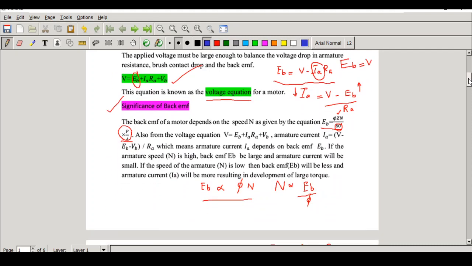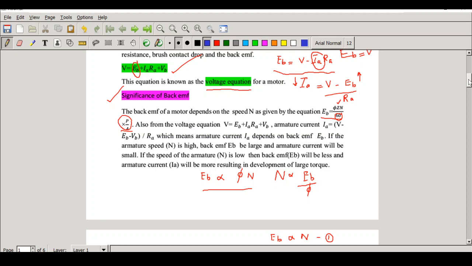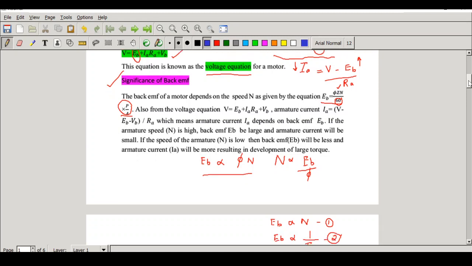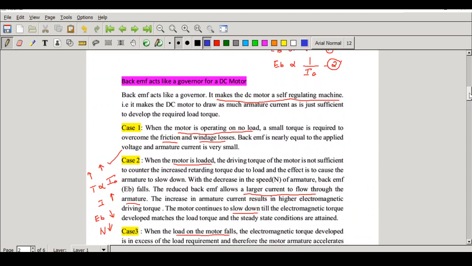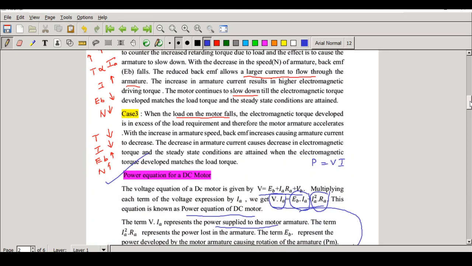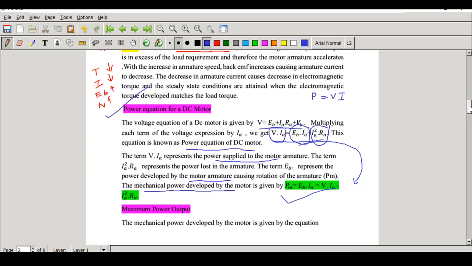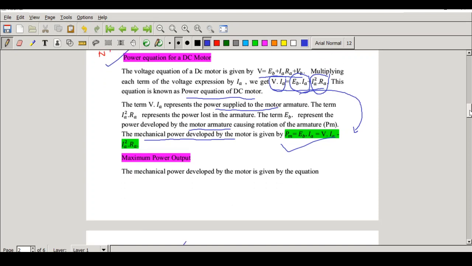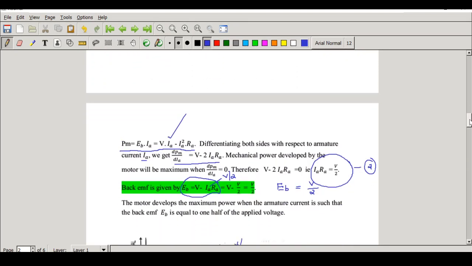Then we learned that back EMF makes the motor a self-regulating machine: based on the load requirement, back EMF will increase or decrease accordingly, increasing or decreasing the speed. We considered three cases: no load, more load, and less load. Then we derived the expression for the power equation from the voltage equation. Then we found the condition for developing maximum power in the case of a DC motor, that is, when back EMF is equal to half the applied voltage.